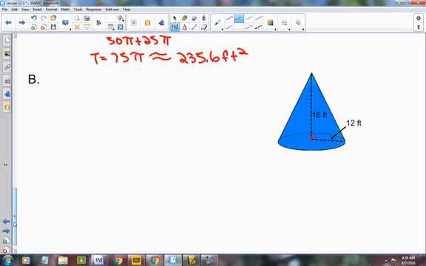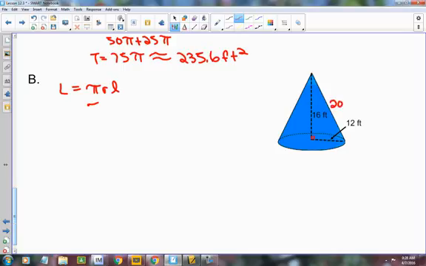Okay, so here's another one. I need to find the lateral, which is pi times the radius times the slant height. I have the radius, it's 12, but I don't have the slant height. What am I going to do this time to figure it out? The Pythagorean theorem. Is this a triple? Yes. It's a 3, 4, 5. What are we multiplying by? 4. So 3 times 4, 4 times 4, 5 times 4 is going to be 20 for our slant height.